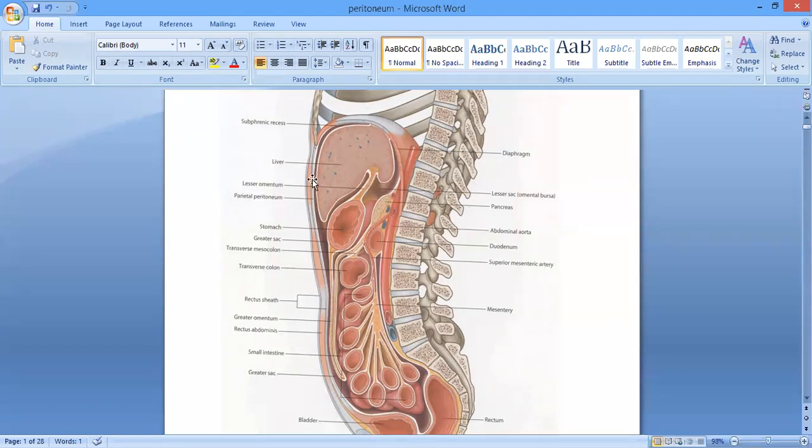And these two layers are separated by a potential space, right? And that is called the peritoneal space, right? This space is going to be filled with the fluid that is called the peritoneal fluid, right?